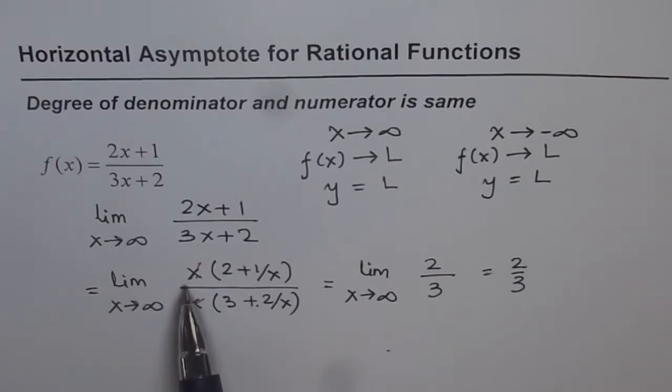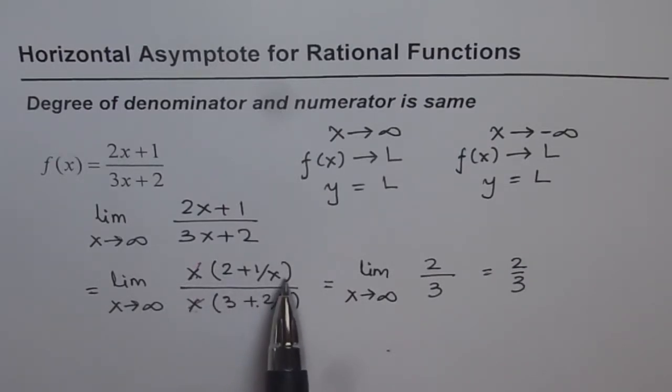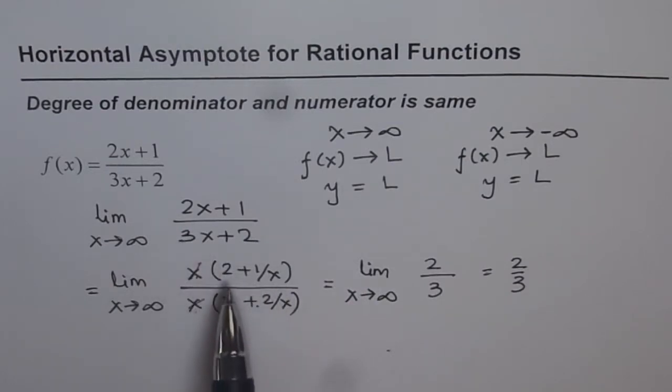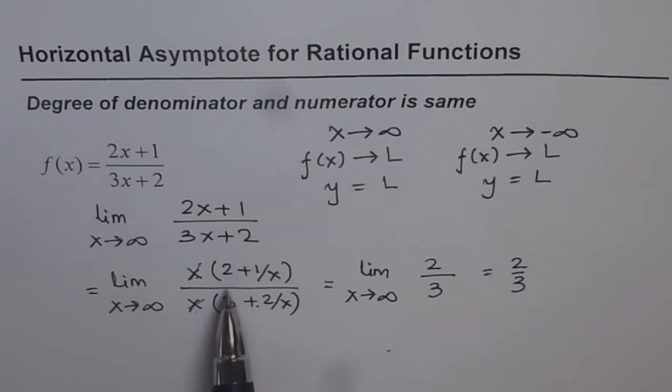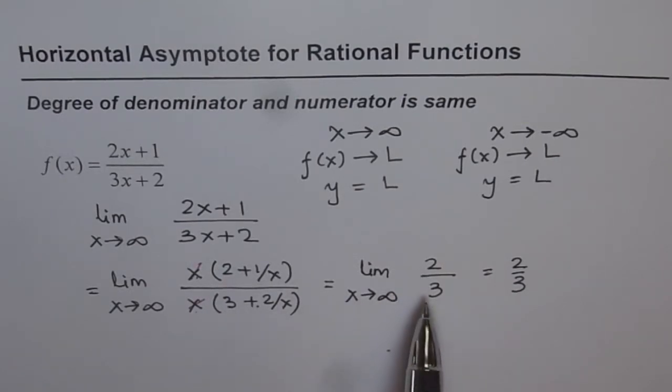And once you factor that out, whatever you get in the brackets will be a constant plus some ratios in which x is in the denominator. As x approaches a high value, 1 over x will approach 0, or 2 over x will approach 0, correct? So this could be simplified as the limit where x approaches infinity for a constant 2 over 3.